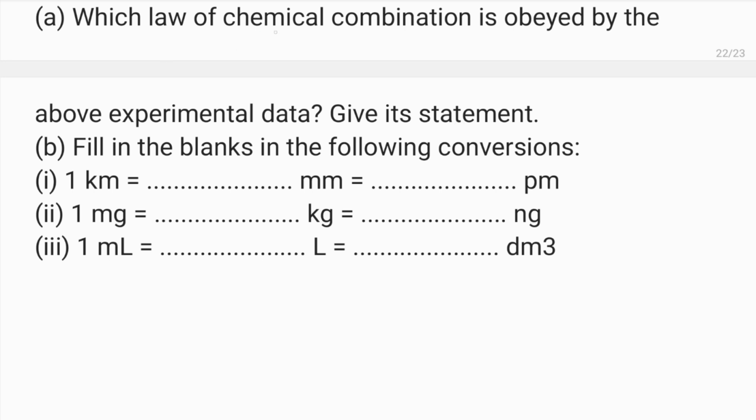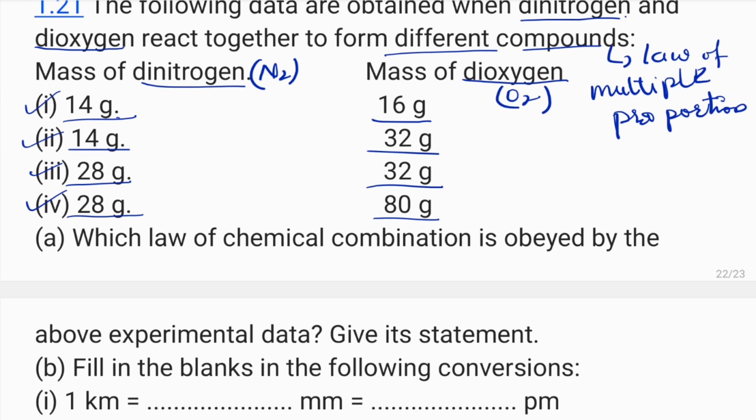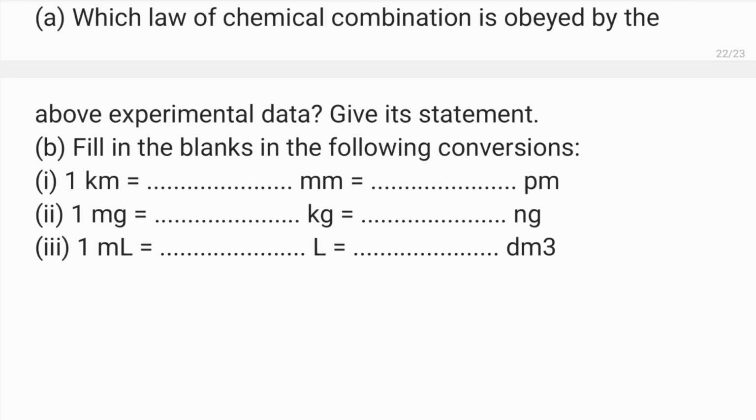The first question is, which law of chemical combination is obeyed by the above experimental data? We have already discussed that this is the law of multiple proportions. The law of multiple proportions says that when two elements combine to form two or more chemical compounds, then the masses of one of the elements which combine with a fixed mass of the other bear a simple ratio to one another. What is the meaning of it?